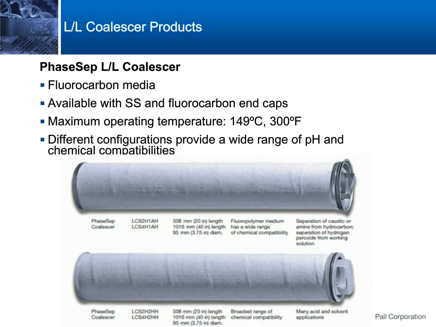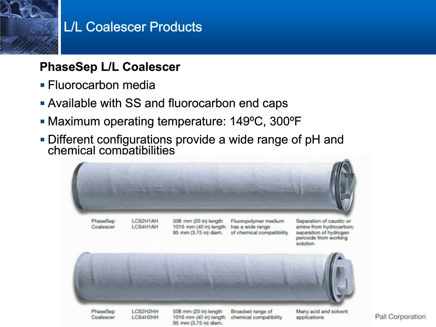One of the mainstream products that we offer is what we name our PhaseSep liquid-liquid coalescer. This is a fluorocarbon media coalescer available with either stainless or fluorocarbon end caps. Temperatures are good up to 149 Celsius, 300 Fahrenheit.